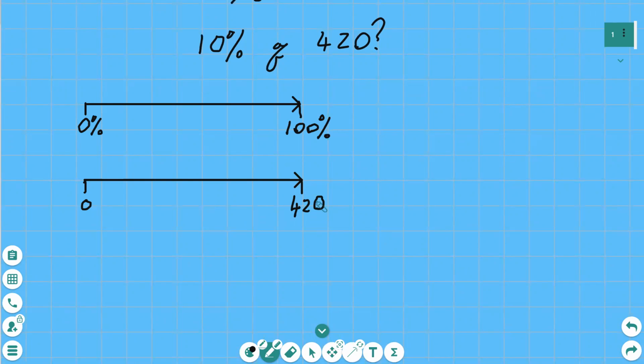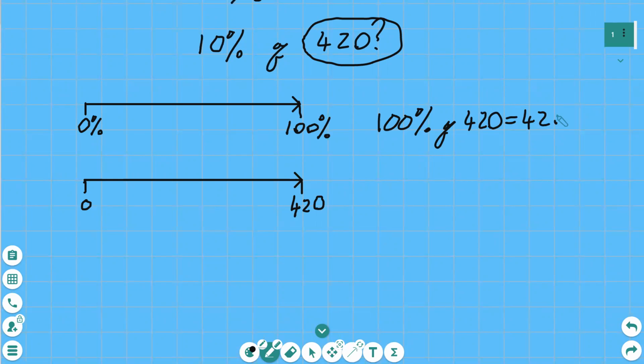So 100% is the whole number, 420. And it's worth actually just writing that down. It might seem obvious, but sometimes it's the most obvious things that become the least obvious. So let's do 100% of 420 is 420. Great, done.